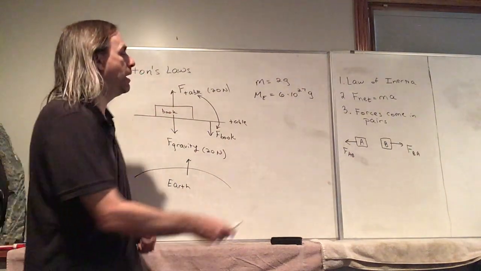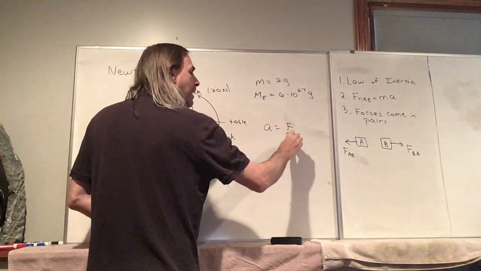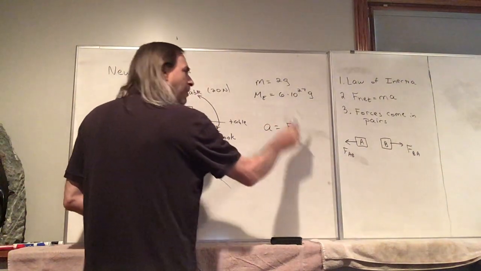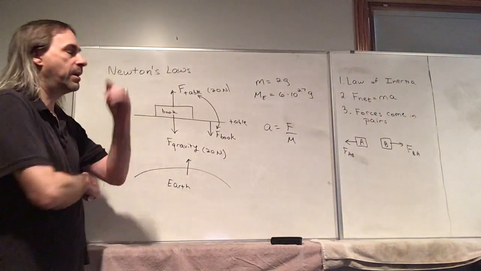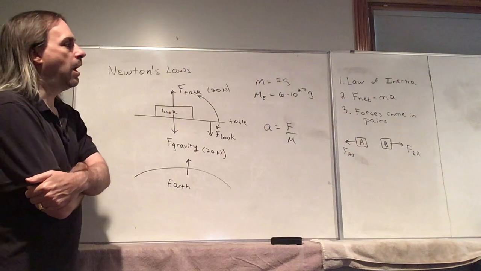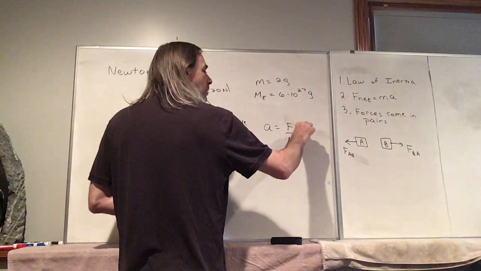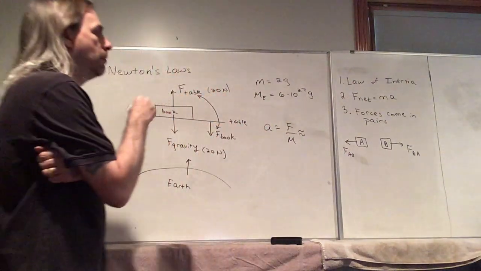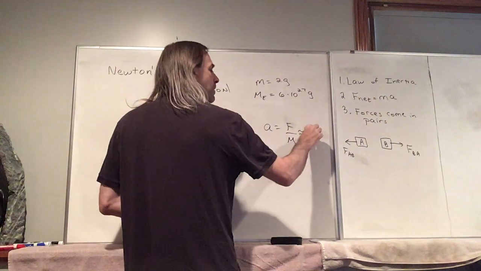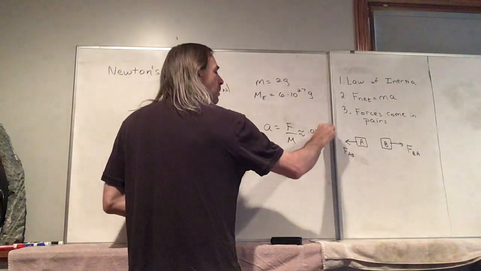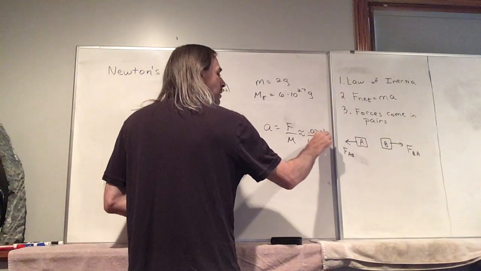What is that acceleration? Well, that would be the force of gravity divided by the mass of the Earth. And I'll tell you, in this case, if you have a mass of 2 grams, the force is going to be around 0.02 newtons. And that would be divided by around 6 times 10 to the 27 grams.